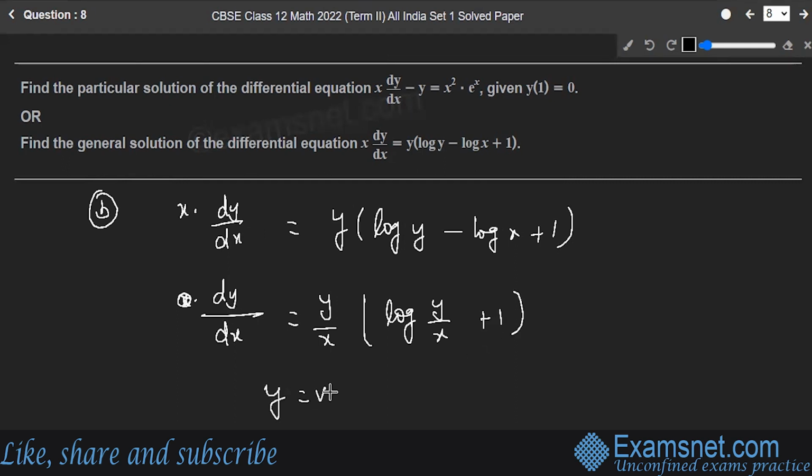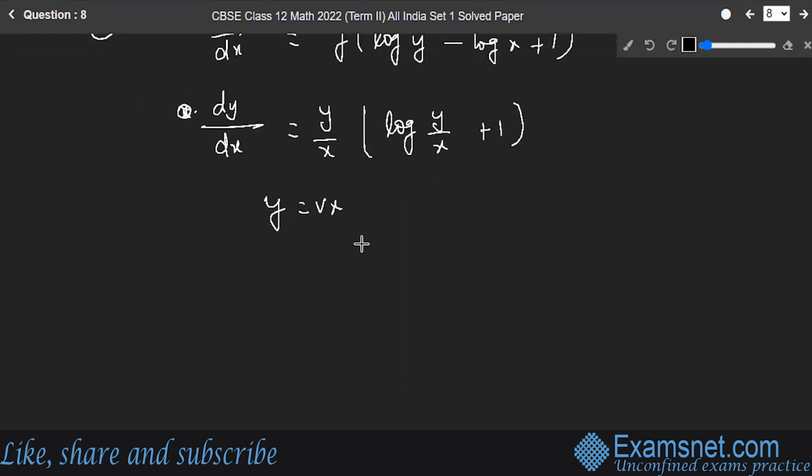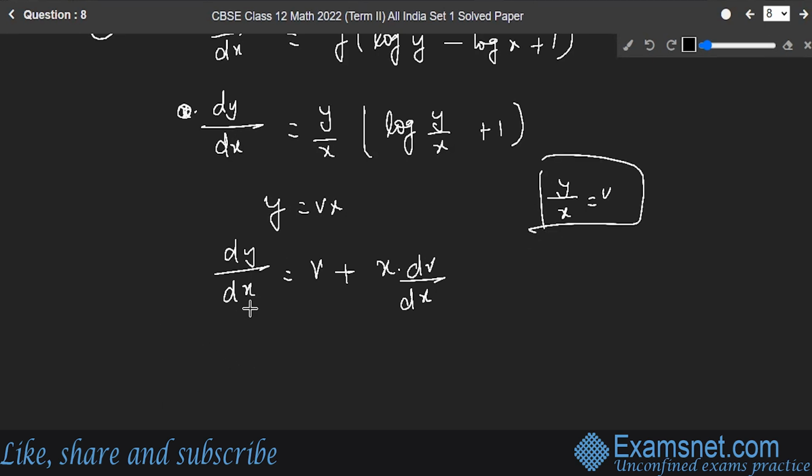I'll put y is equal to vx. From here you have two things. First of all, if I find the derivative, this is first function into derivative of second plus second function into derivative of first. Also, you have y by x is equal to v.